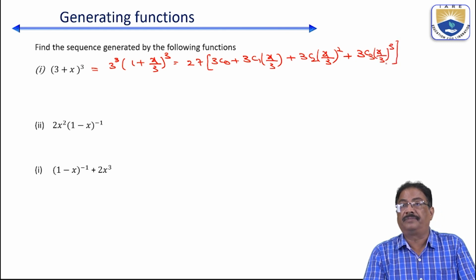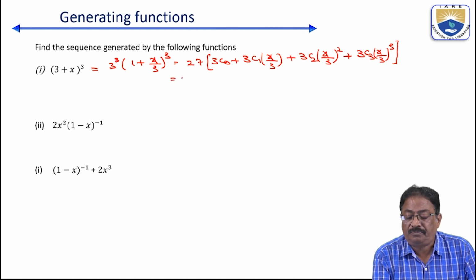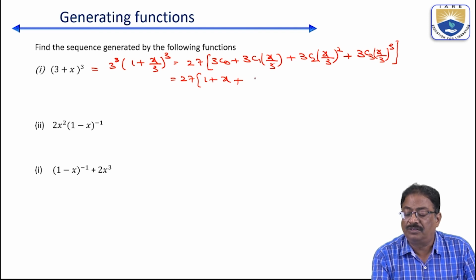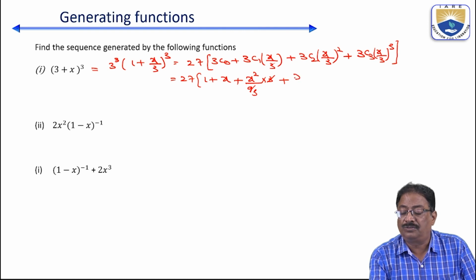I am just expanding. Now this is 27 times 1. 3C1 is 3, and this 3 and this 3 get cancelled, so I get x. 3C2 is also 3, so x square by 9 into 3. Then 3C3 is 1, so x cubed by 27.